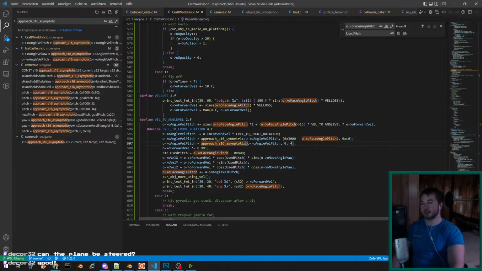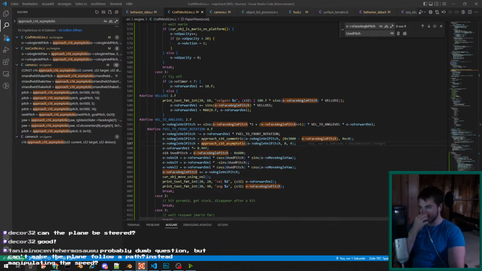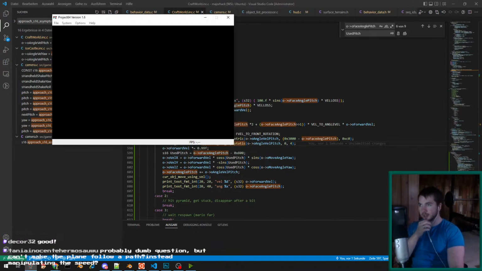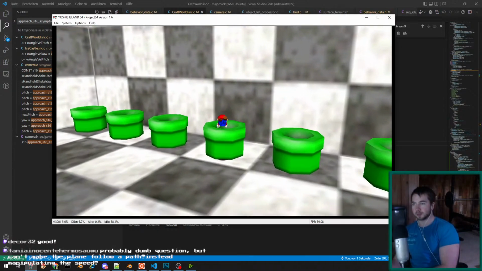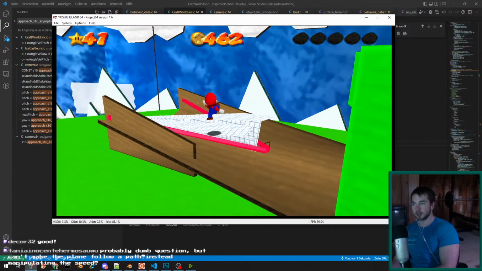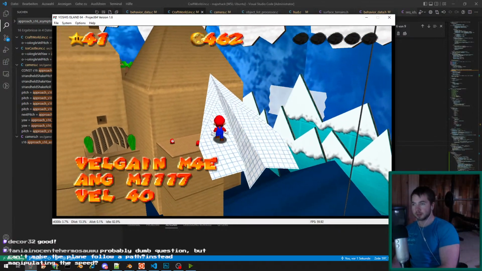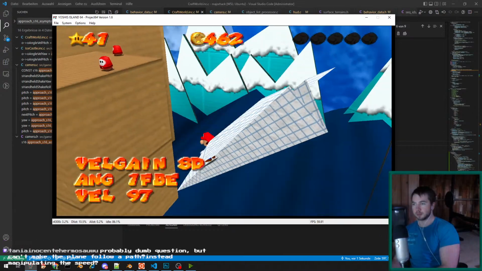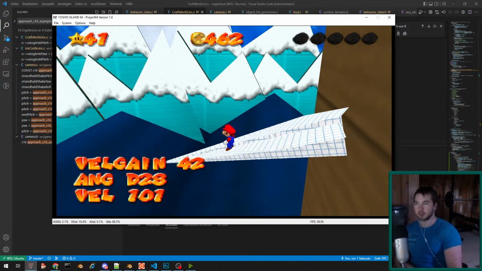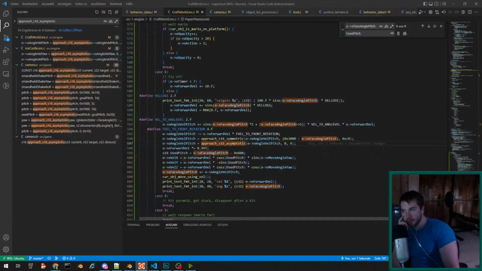I could, of course, decrease or increase this value here, which will make the rotation a little less volatile, which might be a good idea. Can I follow a path instead of maneuvering the speed? Yes, I can. But no, this looks a lot better and it's cheaper. Or at least it would look a lot better if I didn't mess everything up.